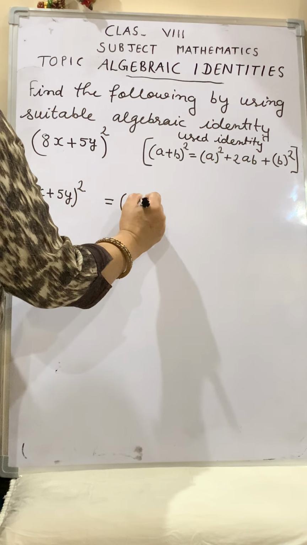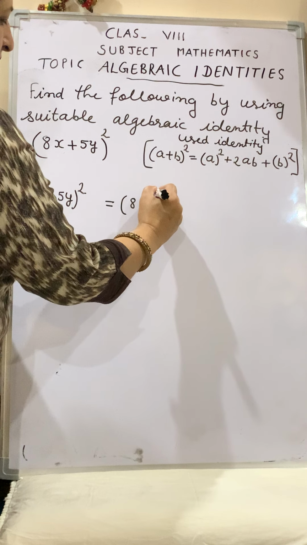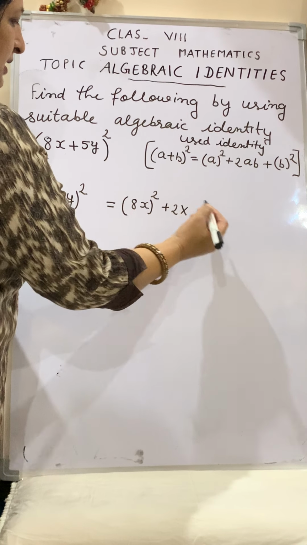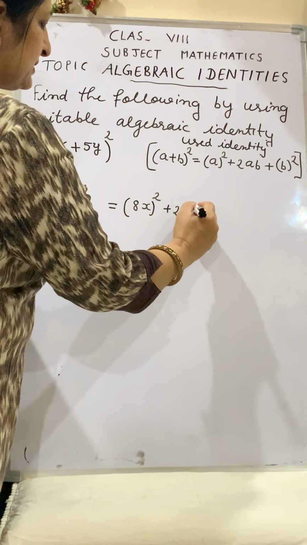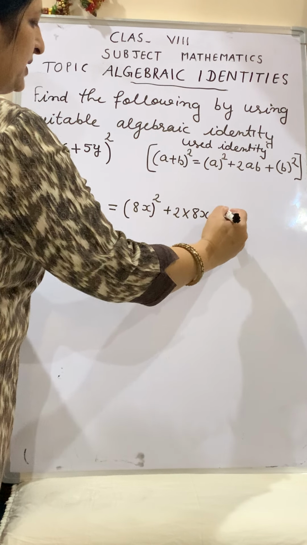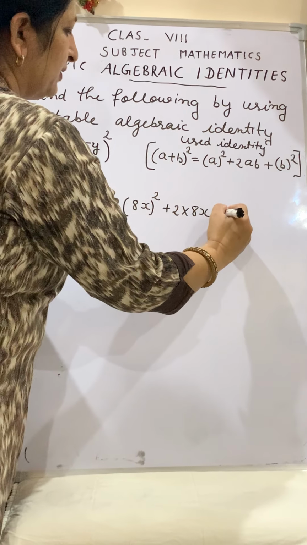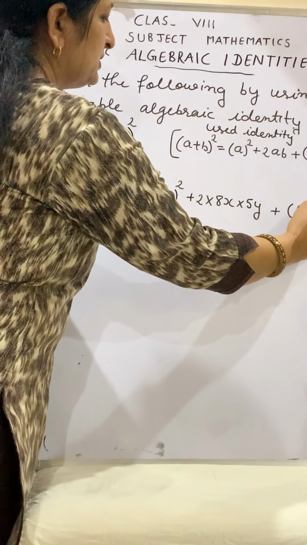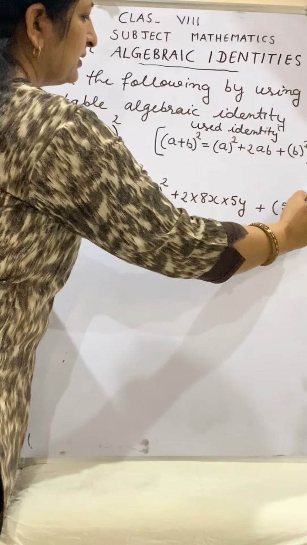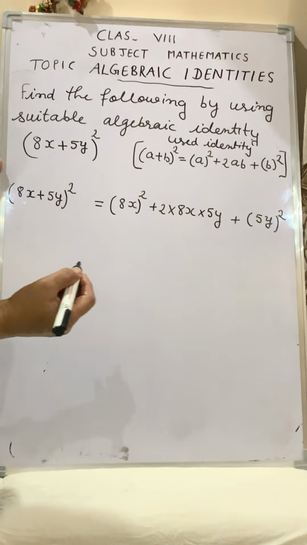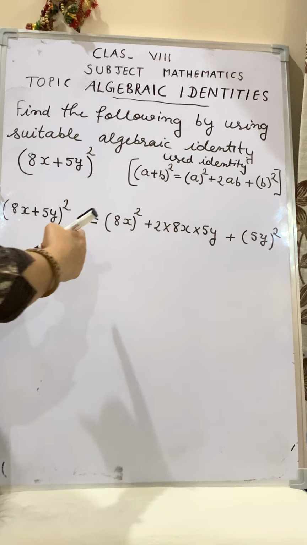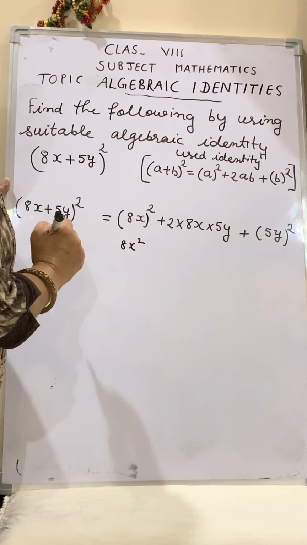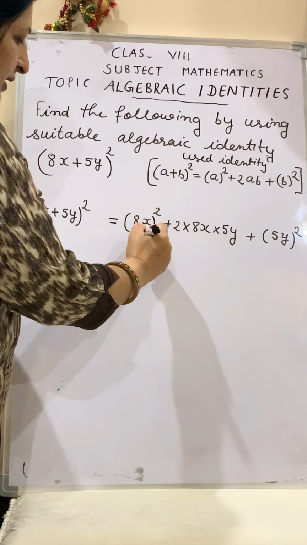Whole square of first is (8x) whole square, plus twice of a, a is 8x, multiplied by b, b is 5y, and plus whole square of second. Second means b, first means a. You have to write (8x) whole square in brackets, not 8x square like this. It is wrong. This is right.